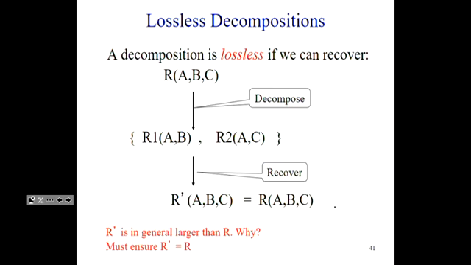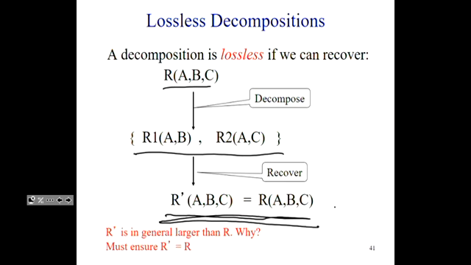The definition of a lossless decomposition is that we can recover the original relation after decomposition. So if you have R with ABC, you've decomposed it down to R1 and R2. When you try to recover it, you get R prime, which is equal to R ABC, as opposed to being a superset of R ABC.